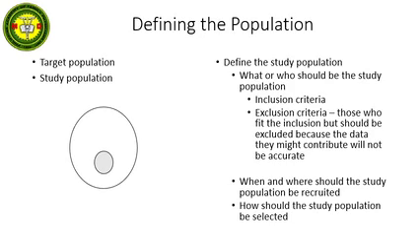Okay? Aside from defining the inclusion and exclusion, you should also define when and where the population will be recruited and how they will be selected from the study population. You should describe that in that one or two paragraphs on defining the population.